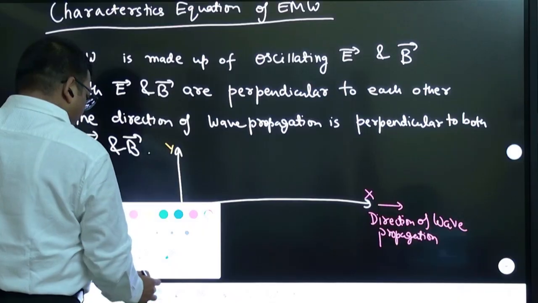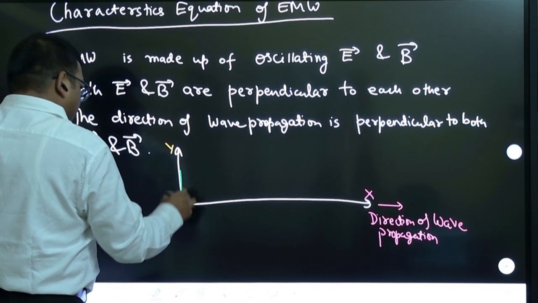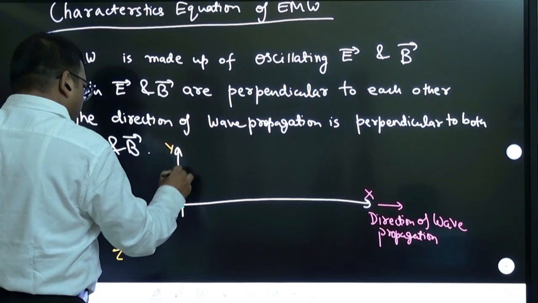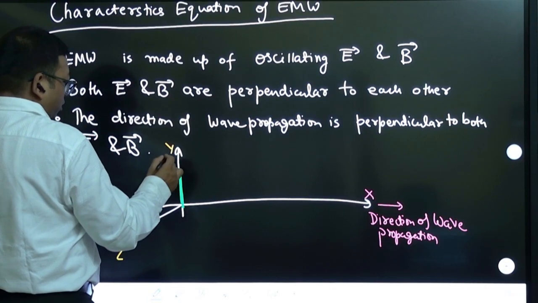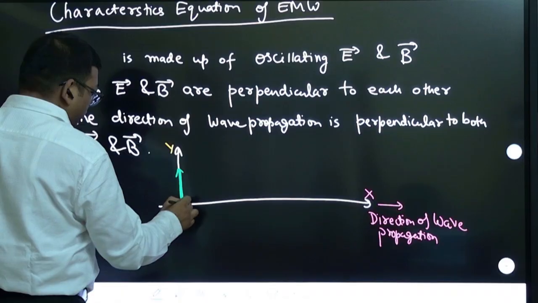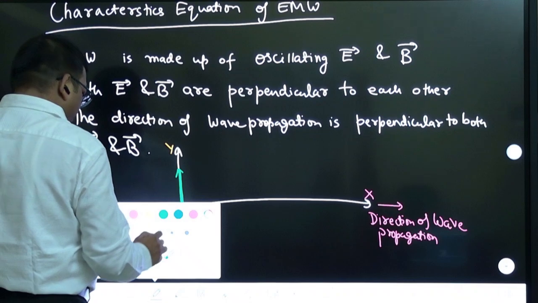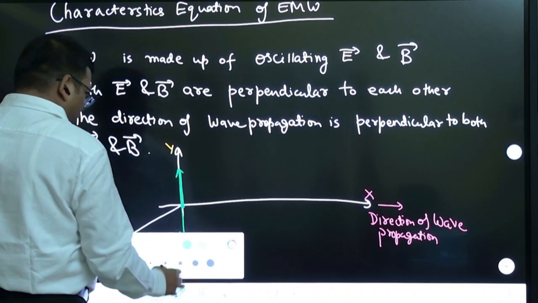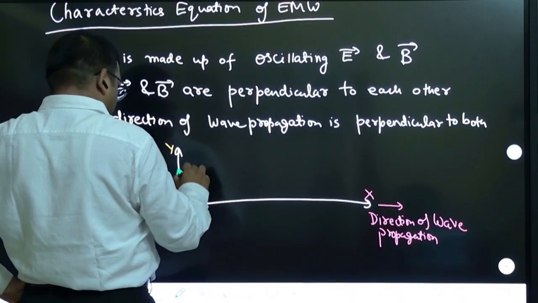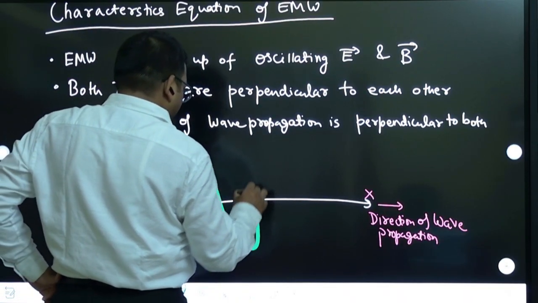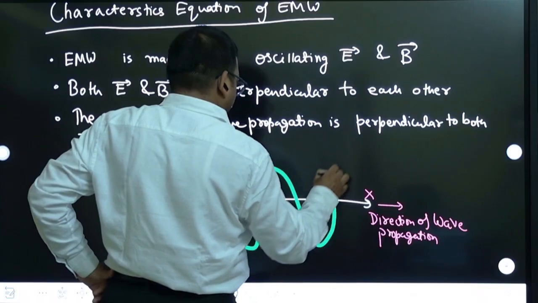So the electric field is vibrating along this direction. The electric field will go up to maximum, and it will go down to minimum, right? If I draw the electric field in this plane, it will look like this.